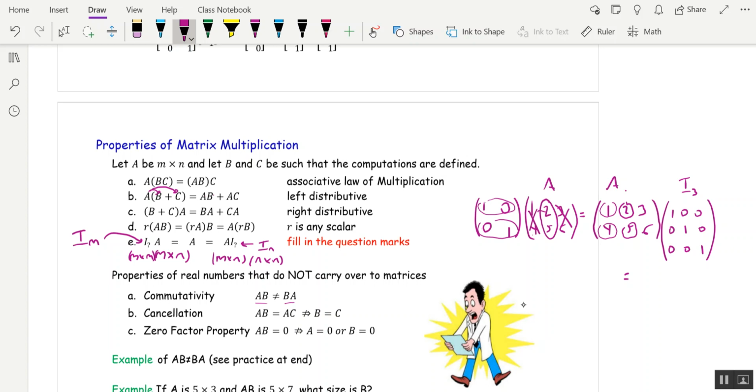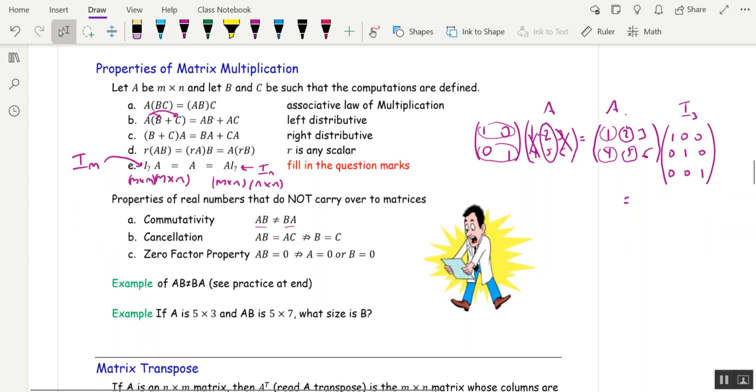All right, so the surprises are, commutative property does not hold. The cancellation property does not hold. Typically in algebra, if 2 times 3 is equal to 2 times x, I can cancel the 2's and say, oh, x must be 3.